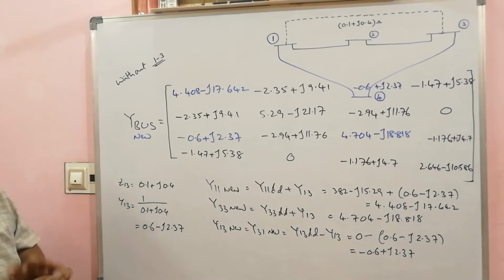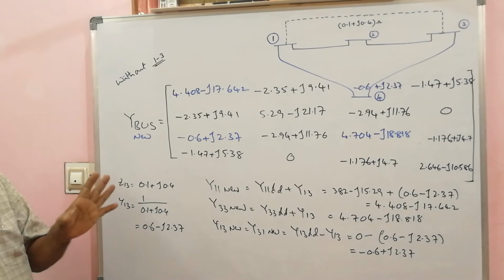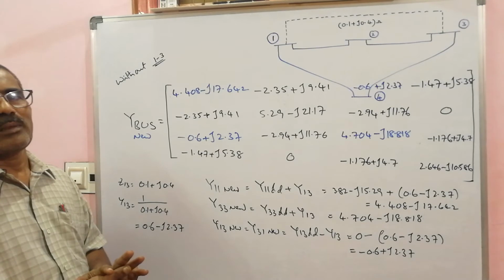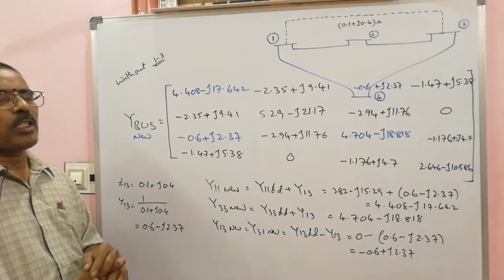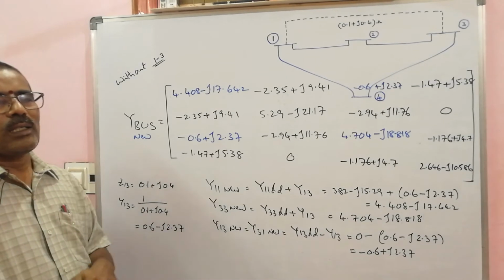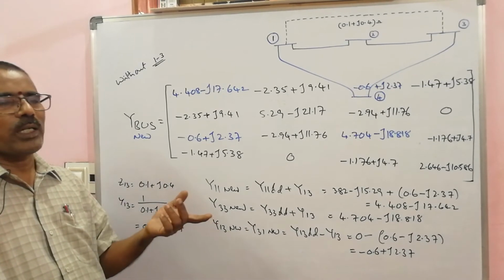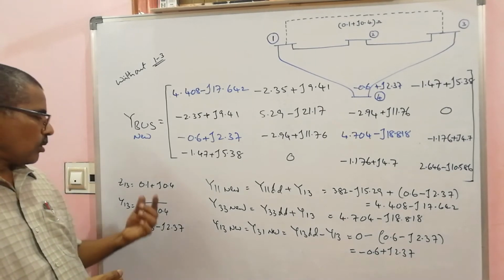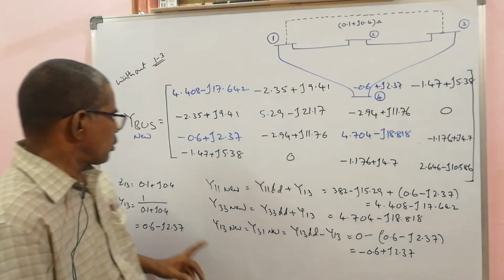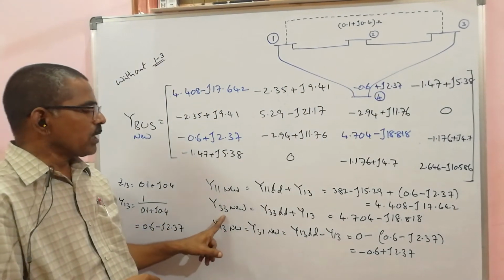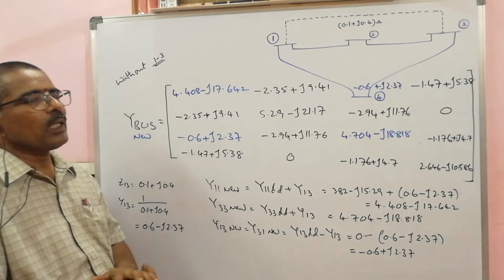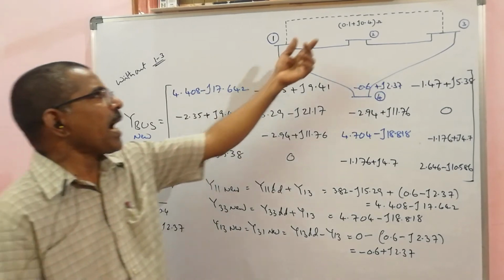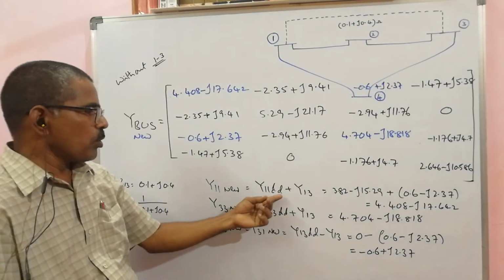So any doubt in this? Whenever a line between two buses is added, 4 values are to be updated. Okay. If it is between i and k, Yii is to be updated, Ykk is to be updated, Yik which is Yki, that is to be updated. So it is between 1 and 3 added. So Y11 we calculated new, Y33 we calculated new, similarly Y13 we obtained new. Because these are self admittances, directly add up this corresponding admittance to the old values.